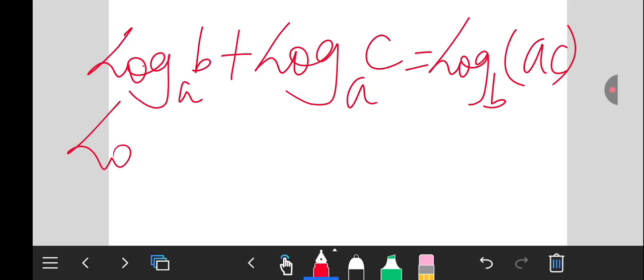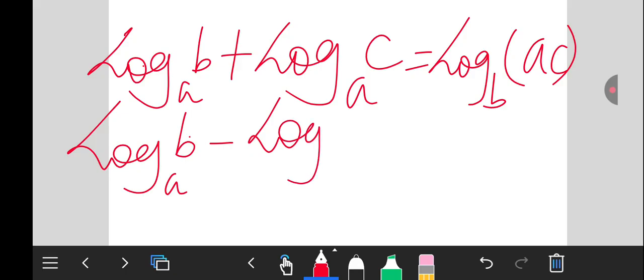For subtraction, we have log, let me use the same letters. So log b, this time around we are going to have minus instead of plus, then logarithm of c with the base a. For subtraction of logarithms, you simply divide.